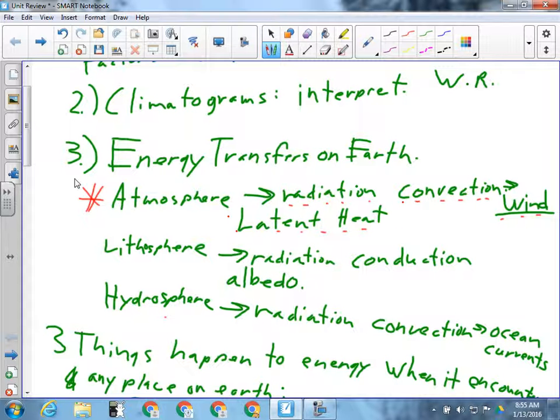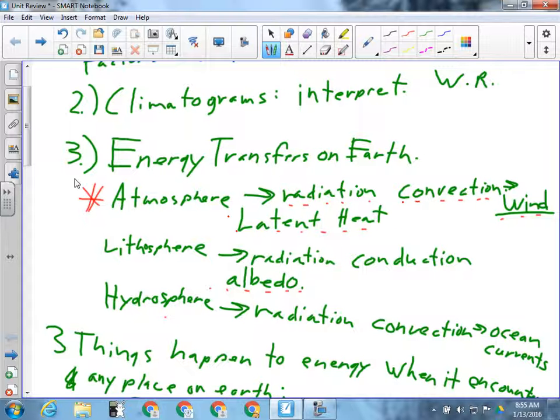Okay, with regards to the lithosphere, we said it was the least important in terms of transferring energy, but it is important in terms of the conversion of energy. Albedo determines how much energy it absorbs. If it's a really high albedo like snow, it's very reflective. If it's obsidian, which is black volcanic rock, it would have a very low albedo and absorb a lot of heat.